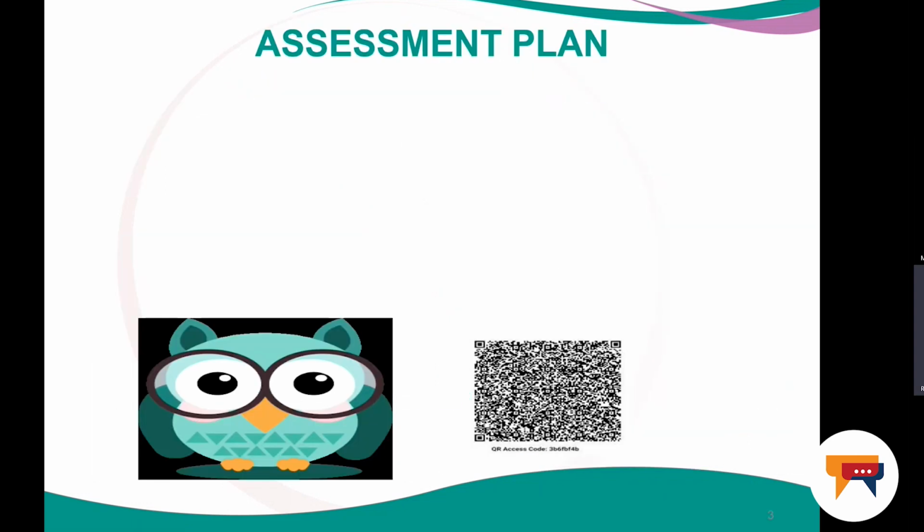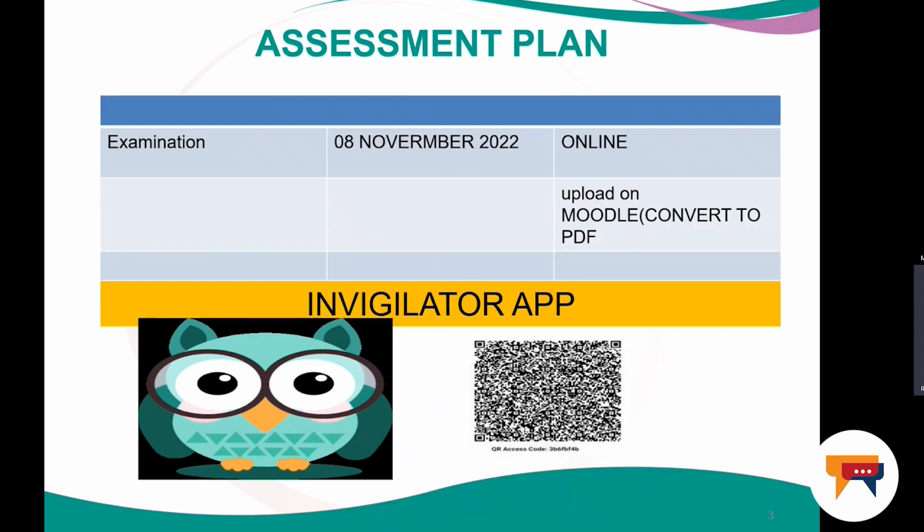Now, this module, let me tell you, is an invigilator app module that you must remember. The exam will be on the 8th of November, 2022. It's an online examination, but I want you to remember about the invigilator app.